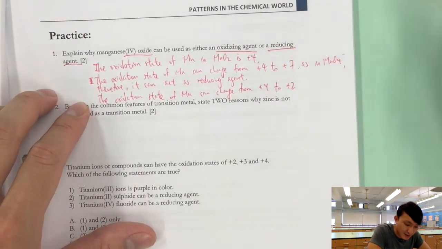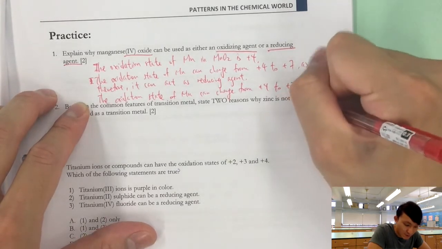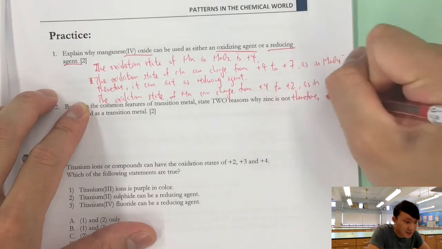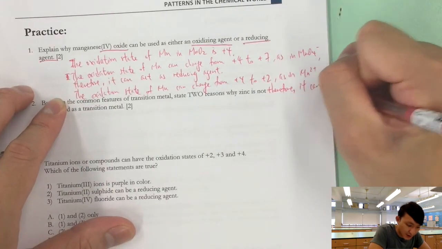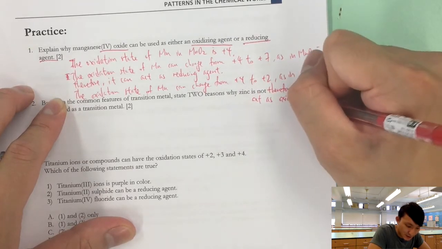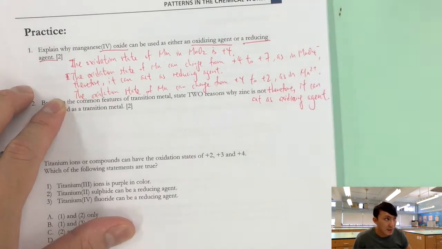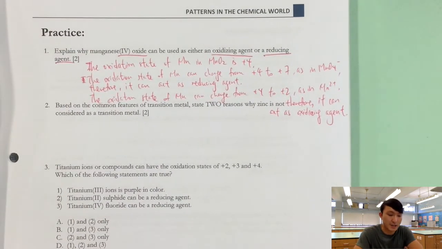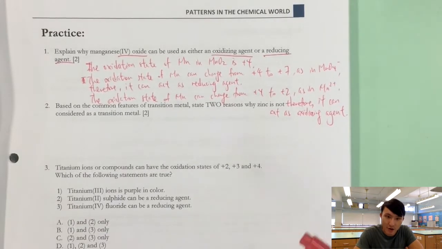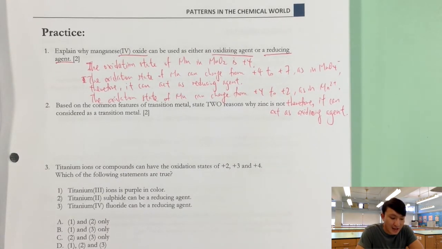Positive 2 as in Mn2+. Okay, therefore it can act as oxidizing agent. Okay, so basically telling people that the oxidation state of Mn in MnO2 is able to change, is able to increase and decrease. So it can act as both oxidizing agent and reducing agent.